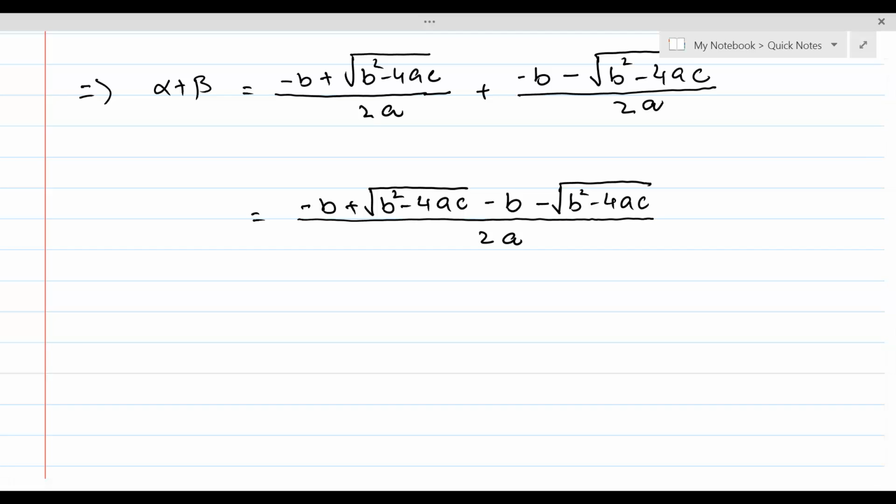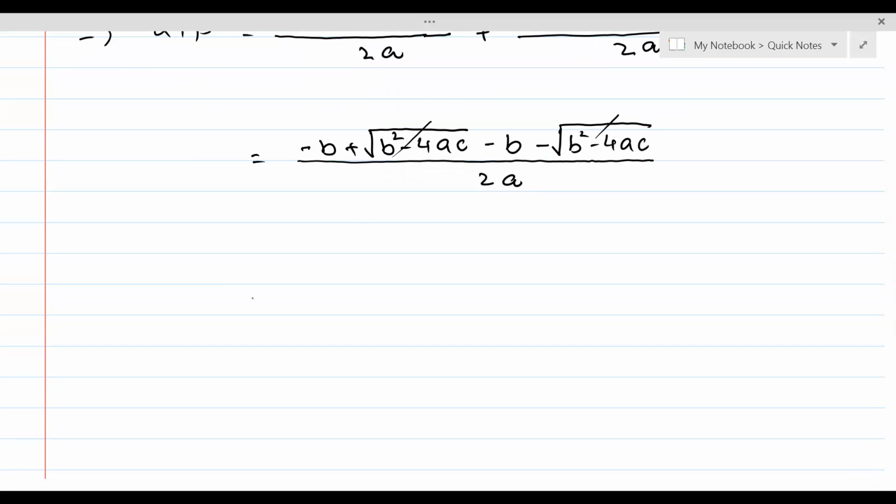Now because the square root of b square minus 4ac has one time positive sign and one time negative sign, that will cancel out, and minus b will be added. This will be minus 2b over 2a, which is equal to minus b over a.